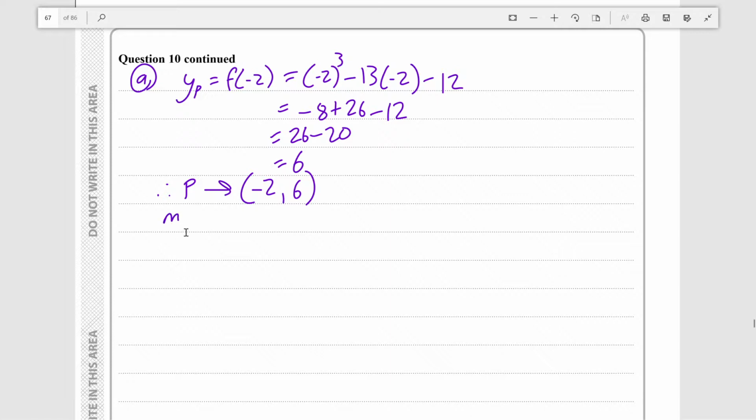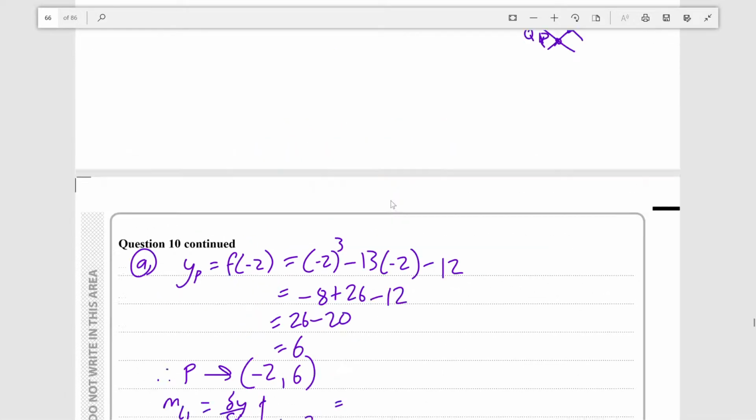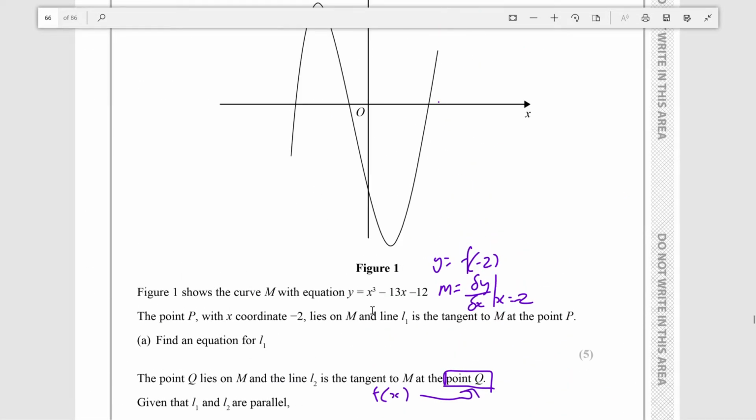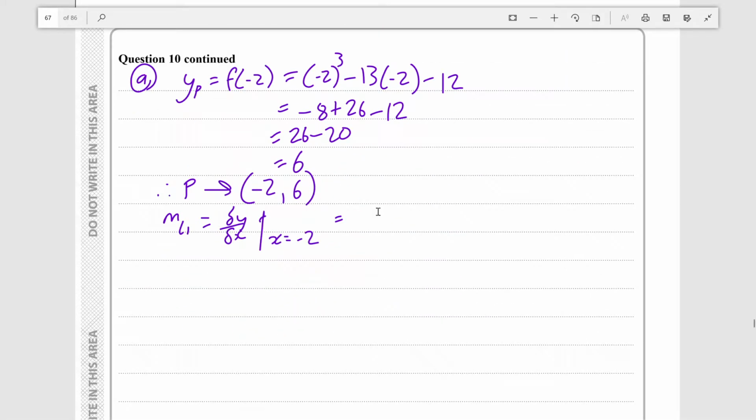The gradient of L1 would be equal to the differential of f(x), so dy by dx, for x is -2. You have the equation x cubed minus 13x minus 12, and so first you differentiate x cubed to get 3x squared, and then minus 13x to get minus 13, and then minus 12 is a constant term, so it has the differential of 0.